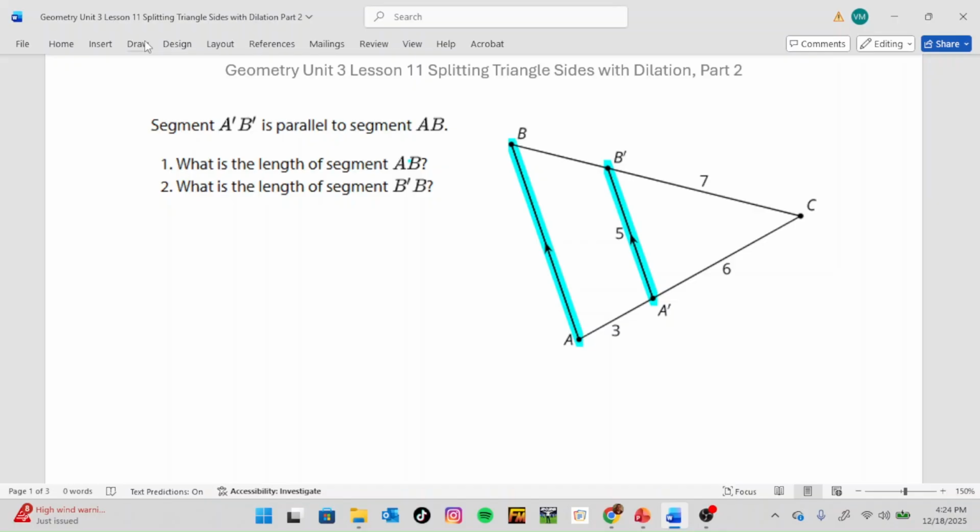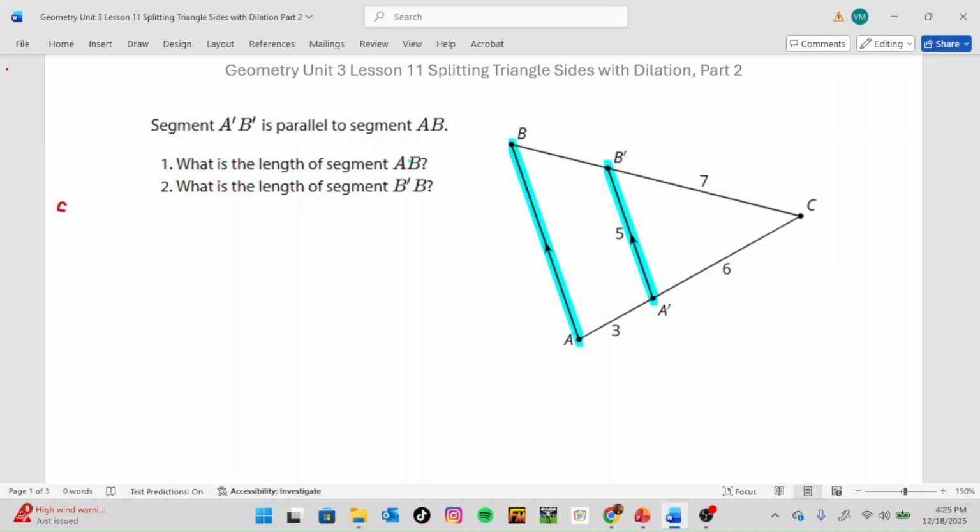What's important to remember here is dilation. And when we use dilation, the angles stay the same, but the side lengths change proportionately. So in order to go from triangle ABC to triangle A prime, B prime, C, we need to multiply each of the original sides by a scaling factor.